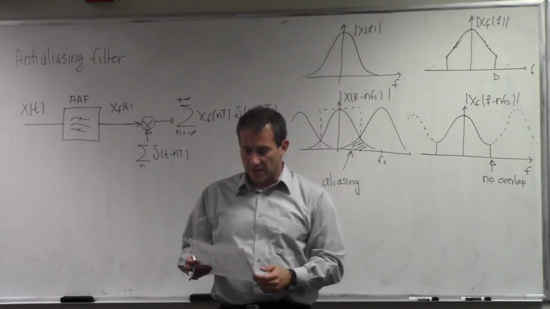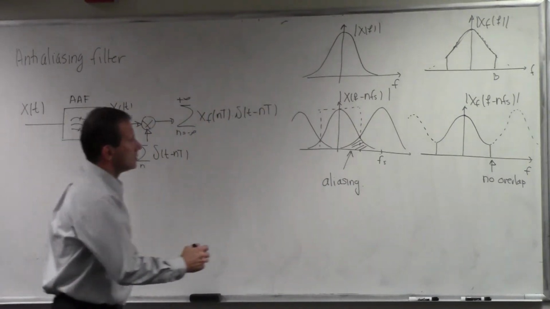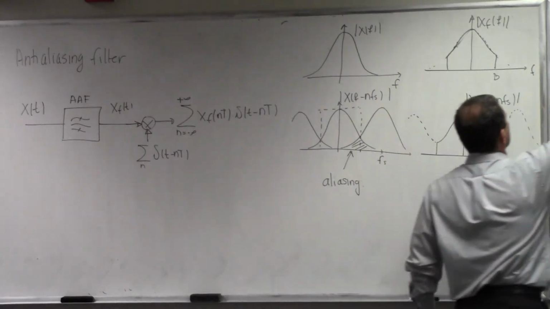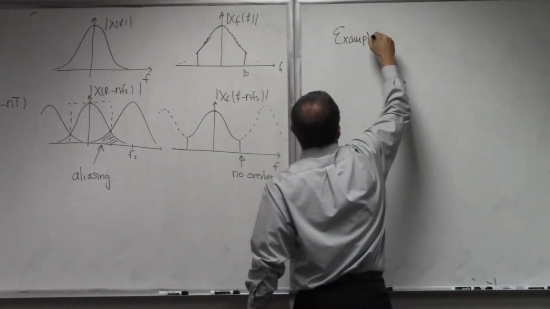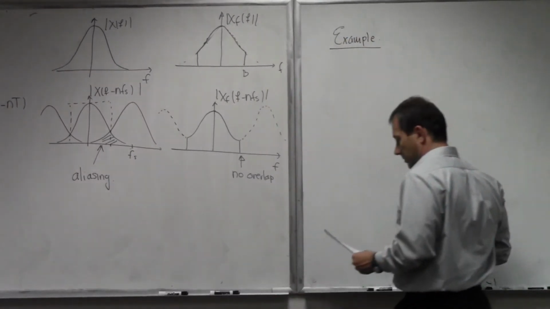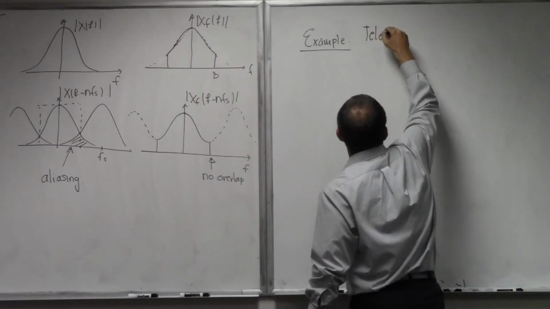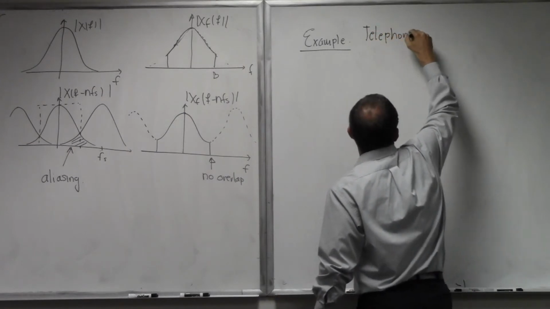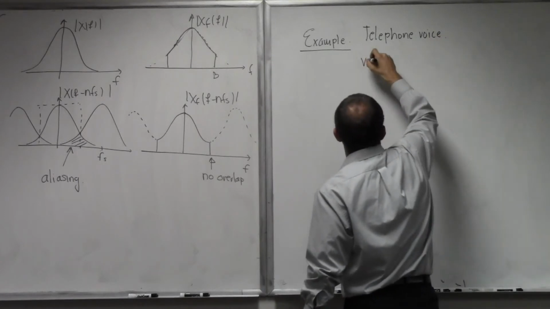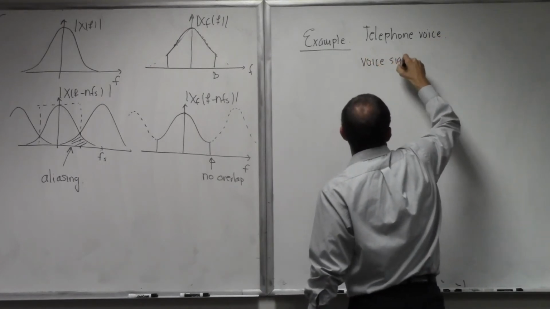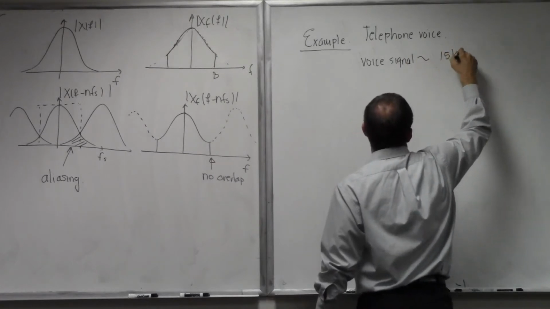Let me give you an example of this process so that you can see the trade-offs. So, put here, example. And the best example is probably the simplest one too, is your telephone voice. Now, the voice signal has frequency components up to 15 kilohertz.